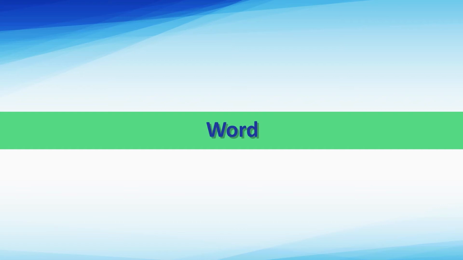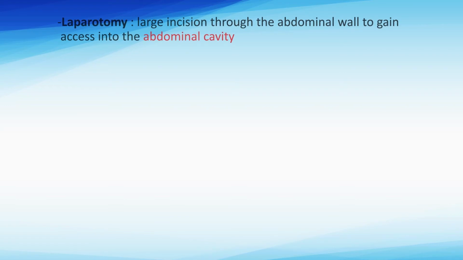There are words that you may need to get familiar with in the general surgery field. Laparotomy, a large incision through the abdominal wall to gain access into the abdominal cavity.